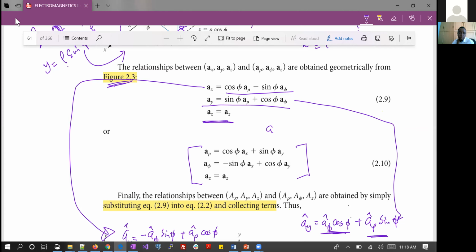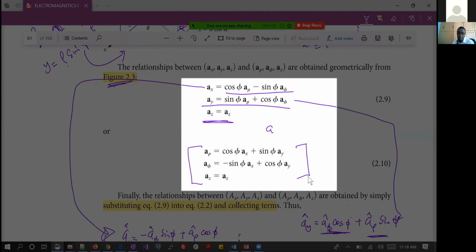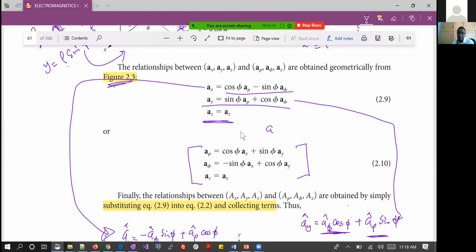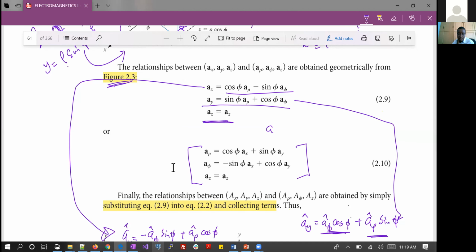Take a snapshot of that. I want us to confirm that you can still do that simple manipulation of mathematics by coming right here.